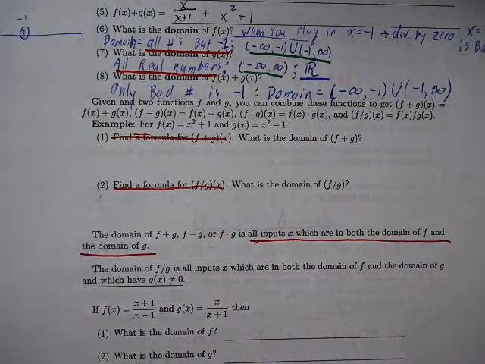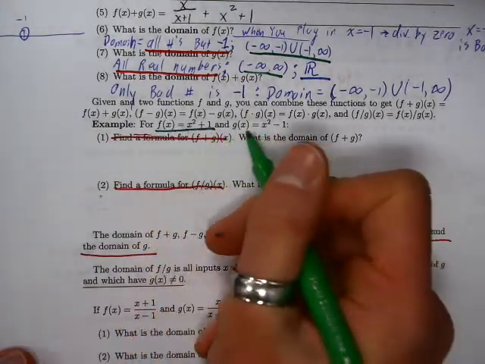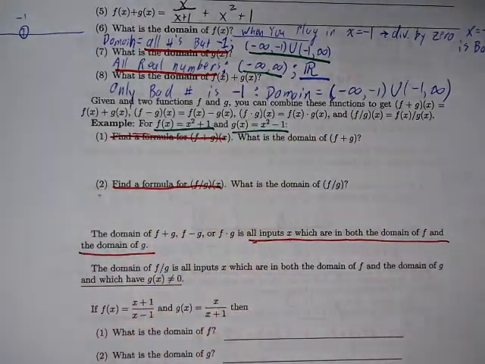I think I'll skip out on the find a formula bits. So for these two new functions, x plus 1 and x minus 1, let's figure out the domain of f plus g and f divided by g. Let's see, looking at f of x, what's the domain of f of x? All real numbers?